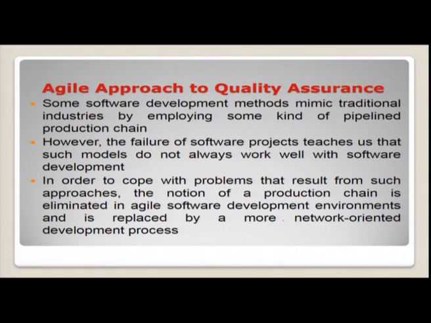In order to cope with problems that result from such approaches, the notion of a production chain is eliminated in Agile software development environments and is replaced by a more network oriented development process.